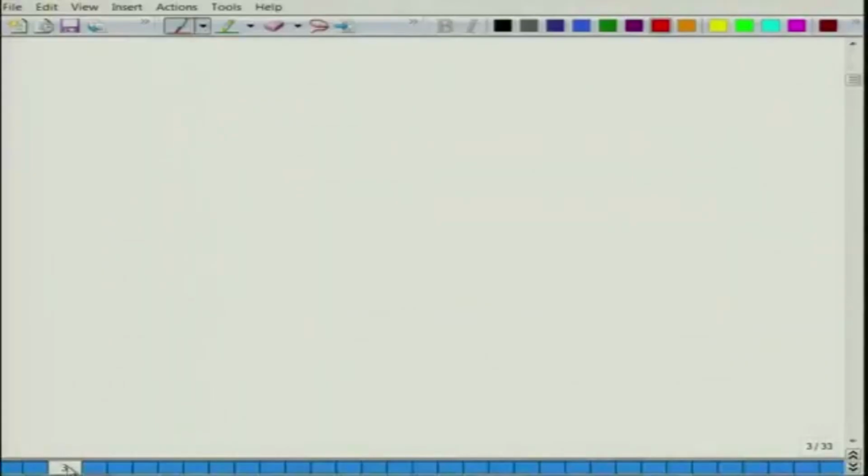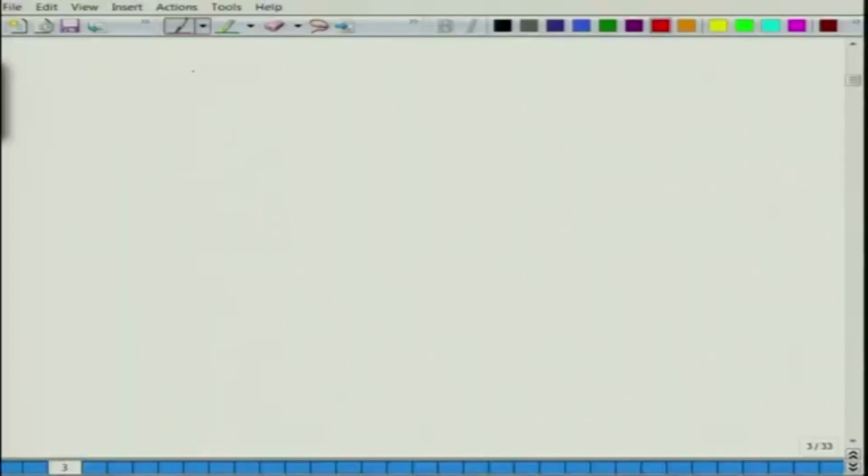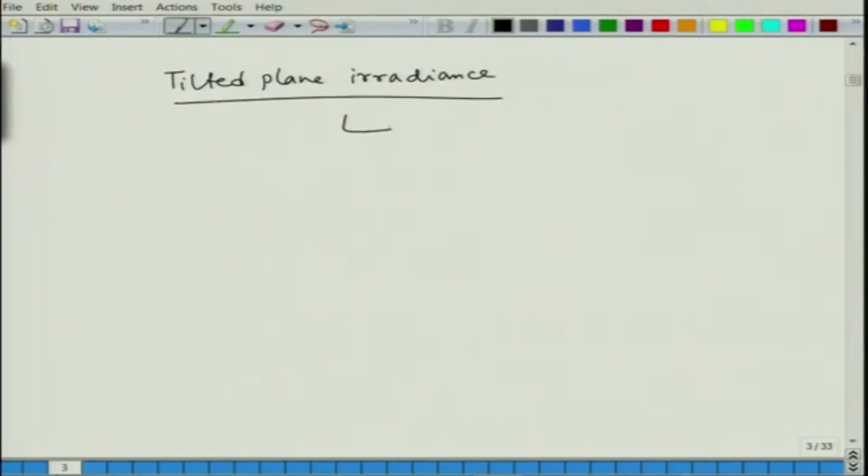Okay. Coming back to the discussion that we started, the estimation of solar irradiance on a tilted plane. So, for the tilted plane irradiance, we have already seen that it will be beam, diffuse and reflected.